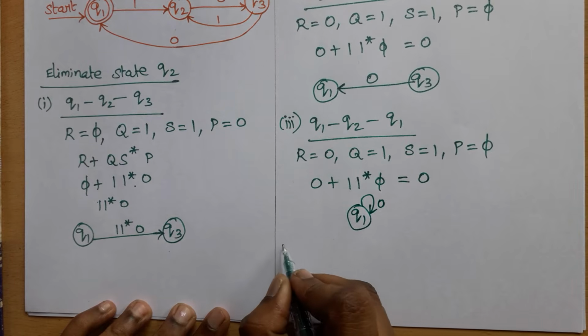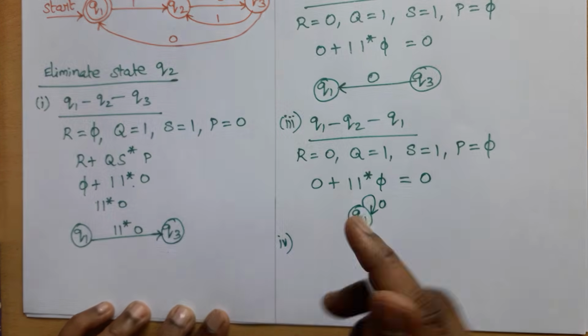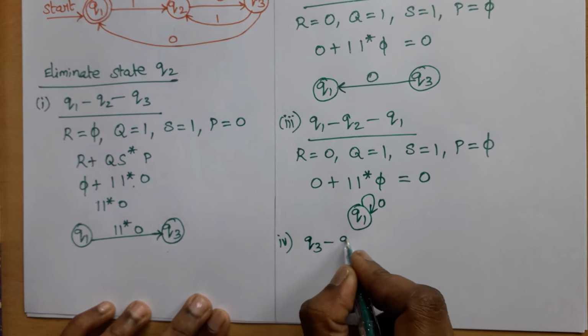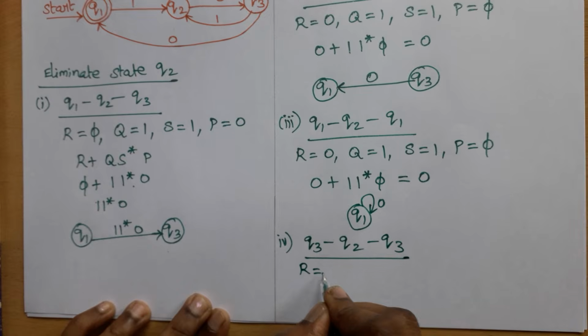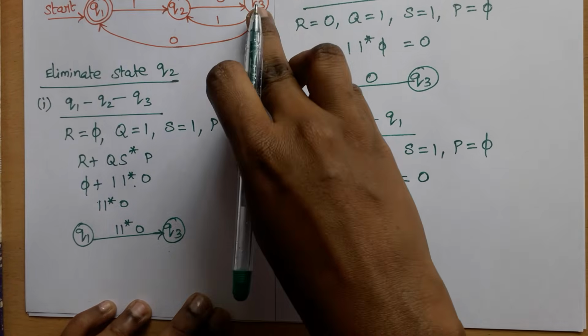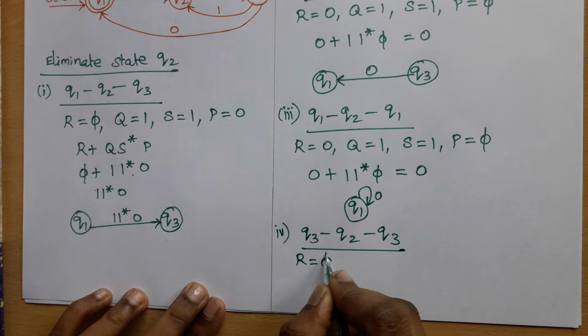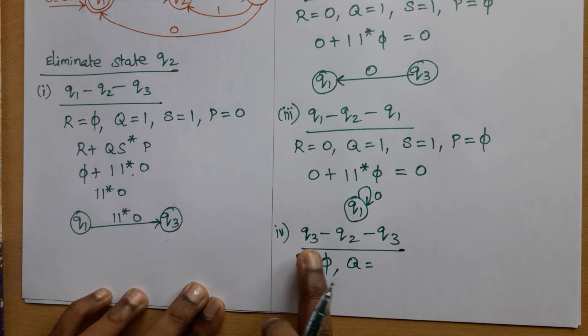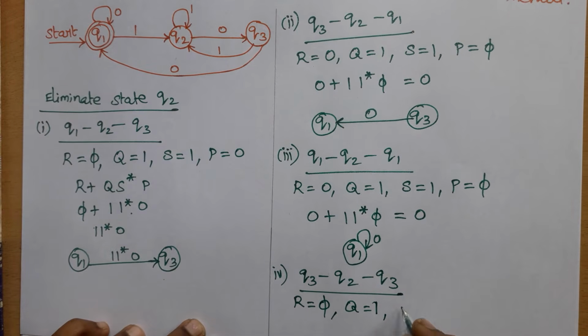Then finally the fourth case is Q3, Q2, Q3. Consider the Q3, Q2, Q3 path. Here R is Q3 to Q3. There is no path from Q3 to Q3, so phi. Then Q3 to Q2 is 1. Then S, Q2 to Q2, is 1.